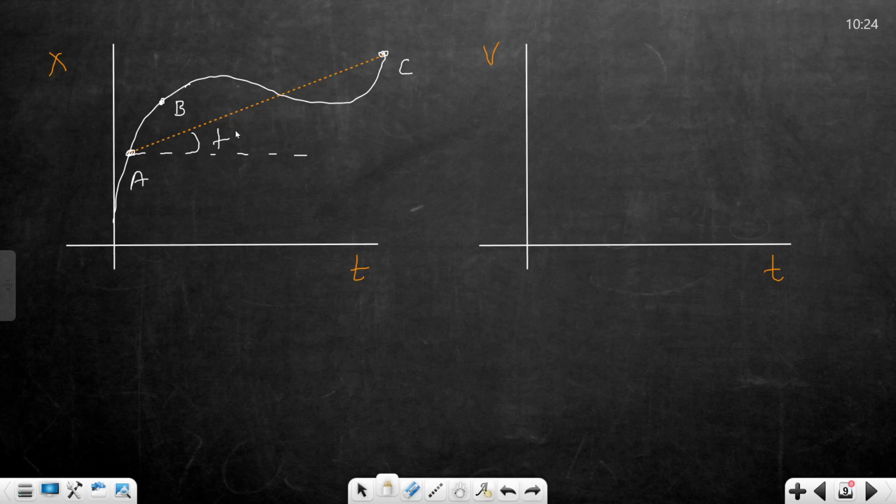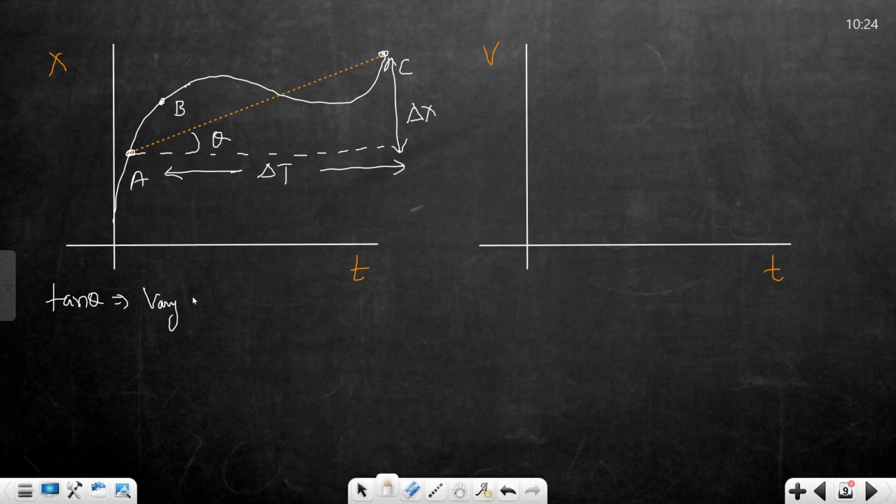This is theta, this is delta x and this is delta t. So tan theta will give you V average from A to C. That doesn't mean A minus C, that is A to C. Between A and C, you will get average velocity.